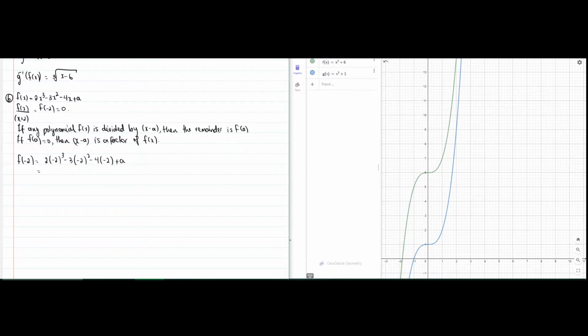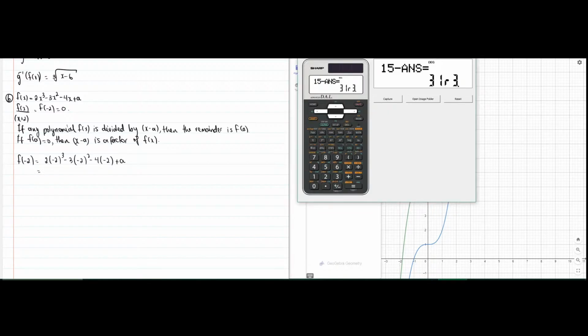This is equal to, jump on the calculator, 2 into minus 2 cubed, take away 3 into minus 2 squared, minus 4 into minus 2, minus 20 plus a.